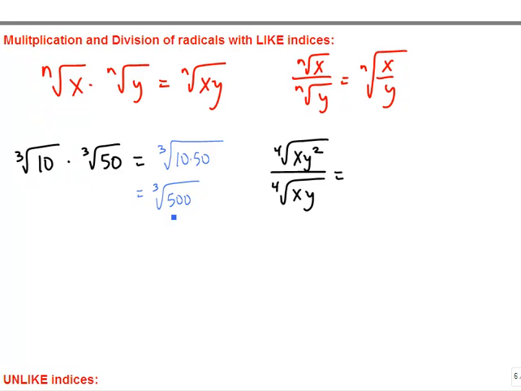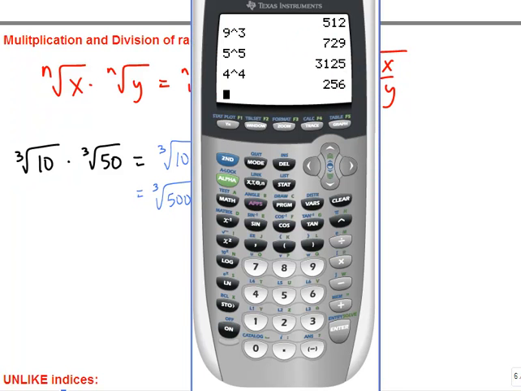Are there any perfect cubes that go into this? Well, we know that 5 cubed is 125, so if you try that out, 500, is that divisible by 125? It does go in evenly.